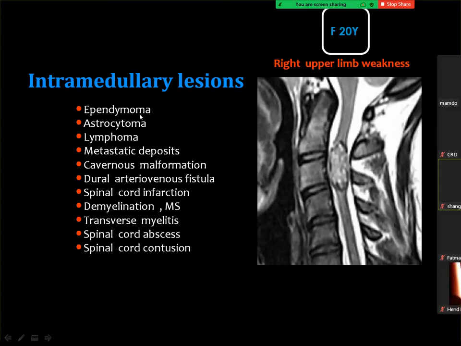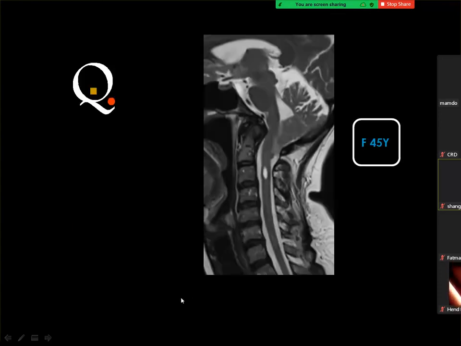On top of these lesions are these two, ependymoma and astrocytoma, which represent more than 90% of the lesions occurring inside the spinal cord. Then comes the lymphoma deposits, cavernous hemangioma, dural arteriovenous fistula, spinal cord infarction, MS plaques, transverse myelitis, cord abscess, and the post-traumatic cord contusion.